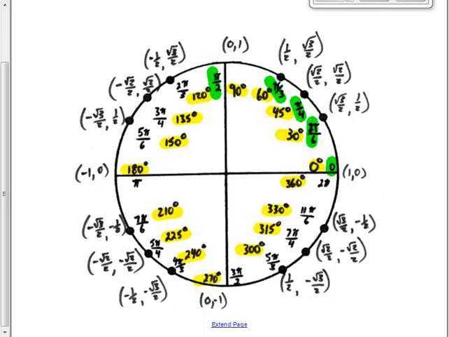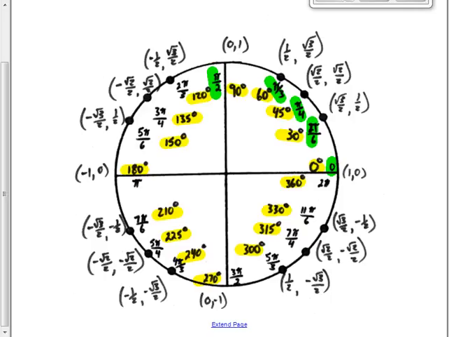The continuing theme here is that 30 degrees is 1 pi over 6. So if I go 60 degrees, I've actually gone 2 pi over 6, which is 2 sets of 30 degrees. 2 pi over 6 reduces to 1 pi over 3.